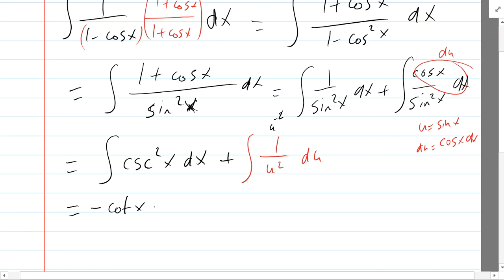So do power rule in reverse. What is this going to equal? Plus, what's my new power? U to the negative 1 over negative 1, and this is plus c. That means this is going to be a negative cotangent of x minus 1 over, what was my u? Sine of x plus c.